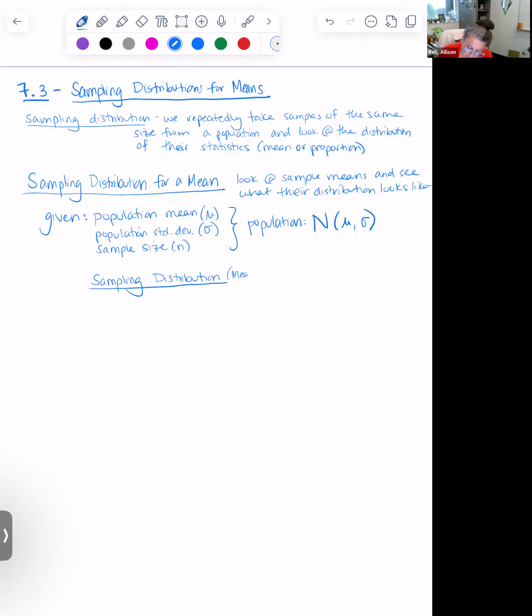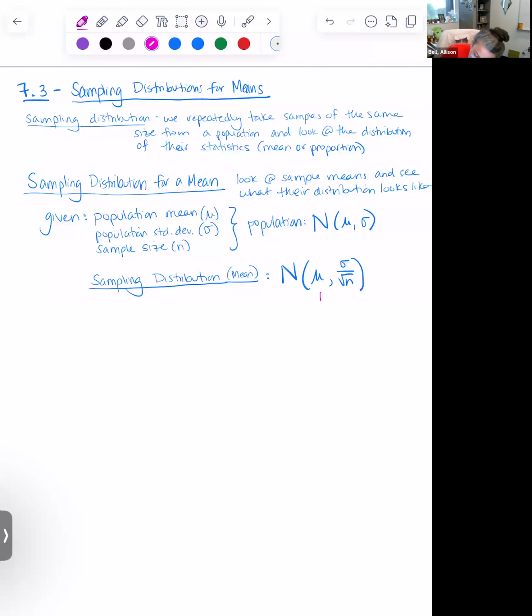This is for a mean. It also follows a normal model. The mean is the same as the mean from the population, but the standard deviation is the population standard deviation divided by the square root of the sample size.